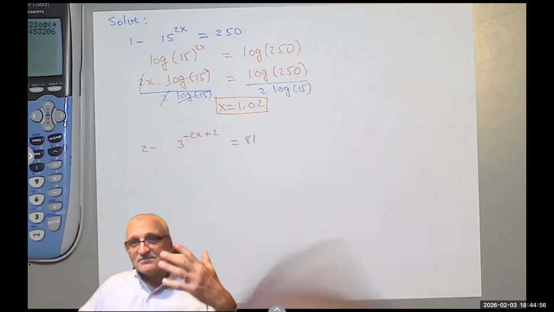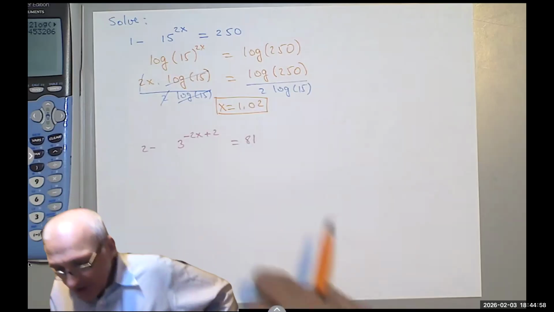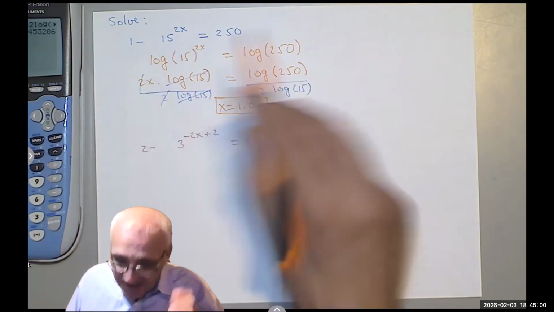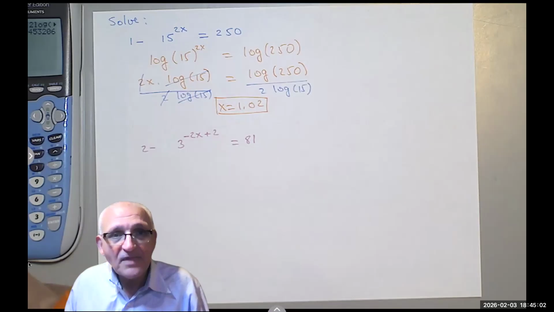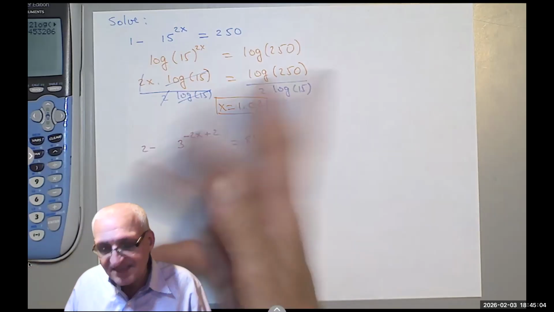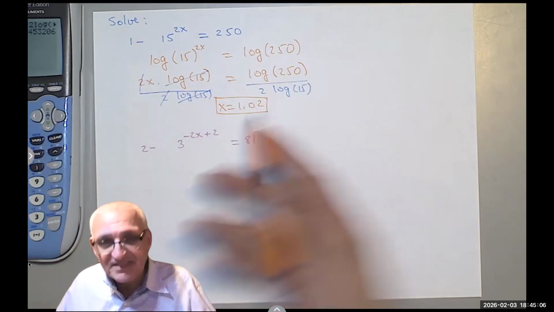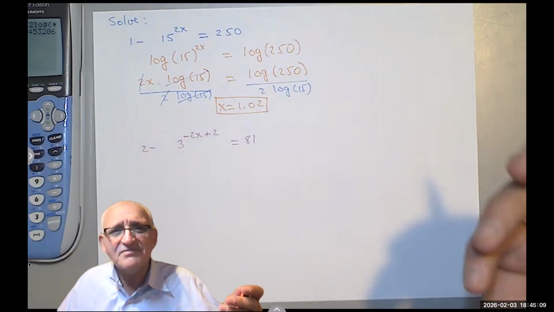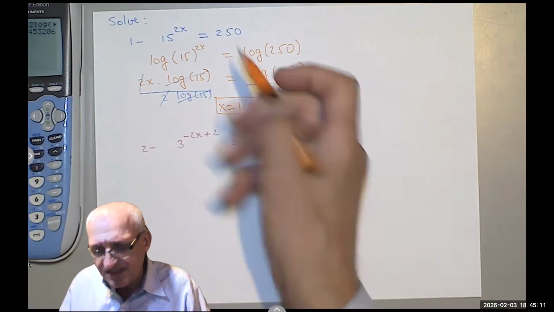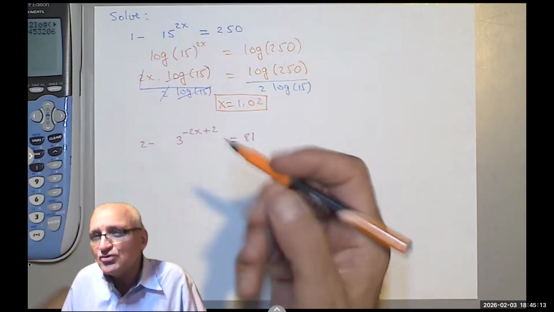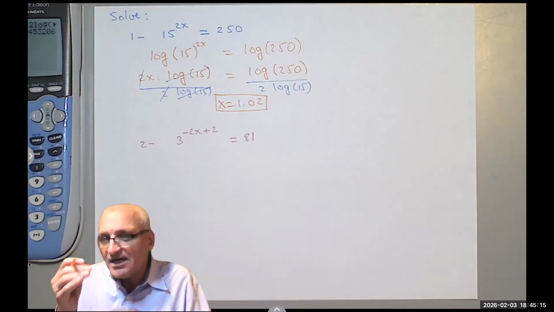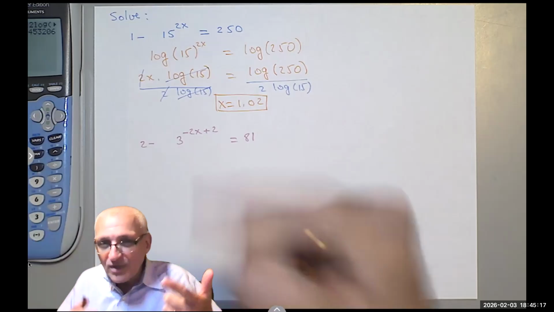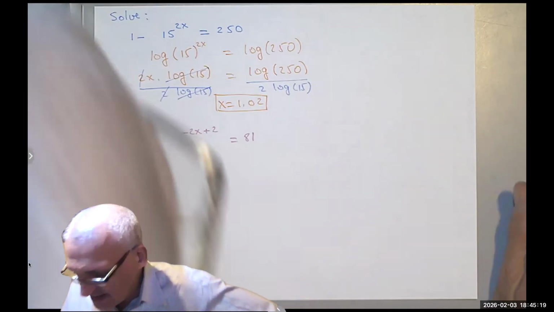So it makes sense. Sometimes you can check the answer. If I ended up with, say, 12, I would say no, that doesn't make sense. 15 squared is already 225. We are very close to 250, so it would be slightly higher than 1. So always check your answer, see if it makes sense.